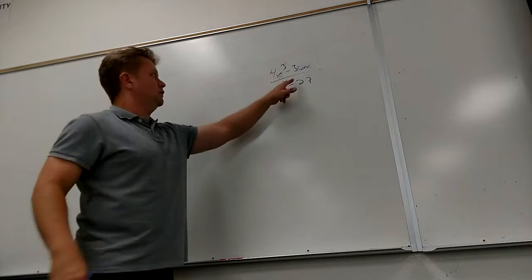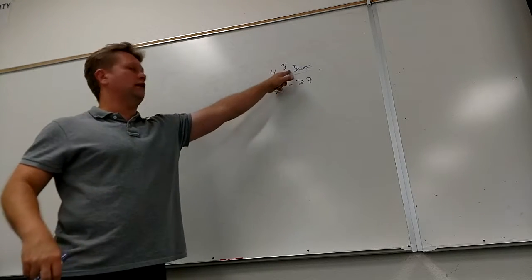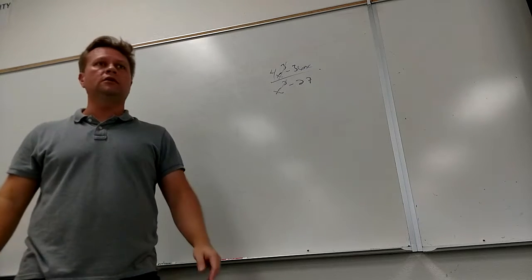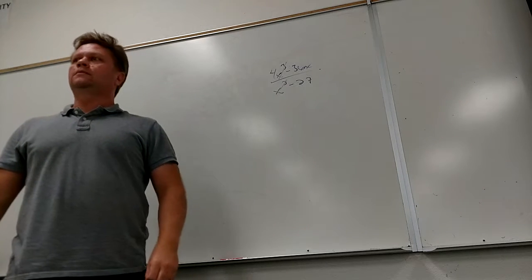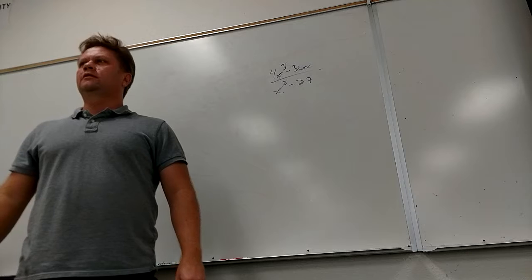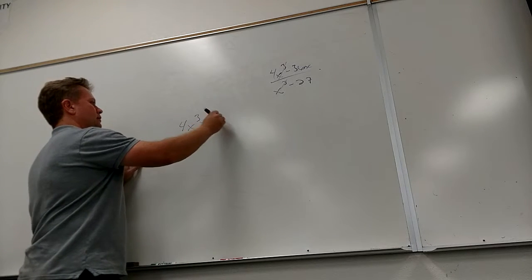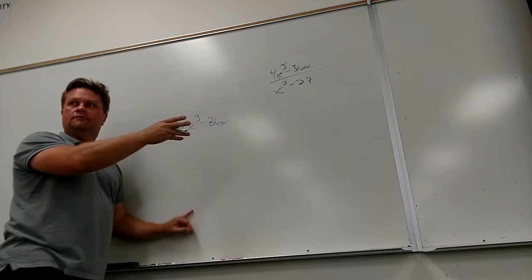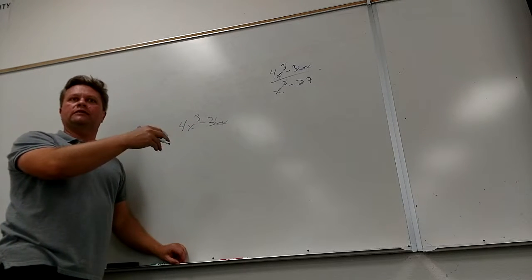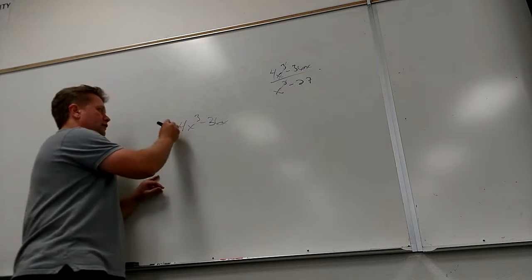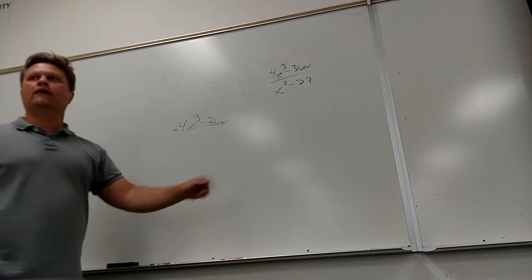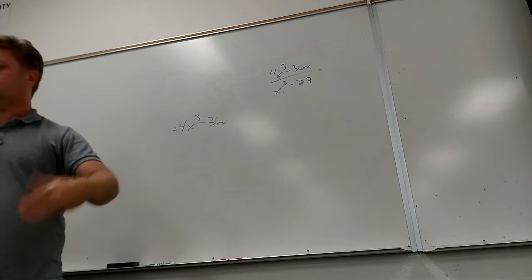Because the division can't cancel parts of a subtraction problem. You can't do that. So if I had 4x cubed minus 36x, could I kill 4x cubed by dividing? No. I can only kill it by subtracting, because it's positive. It's adding to this negative 36x. I have to use the opposite operation to kill it.